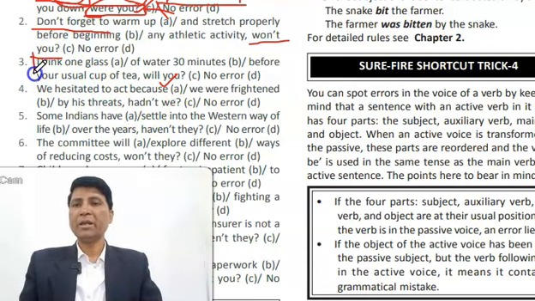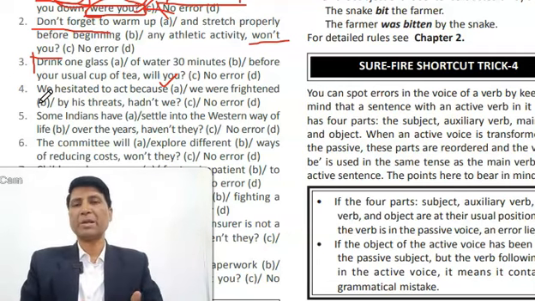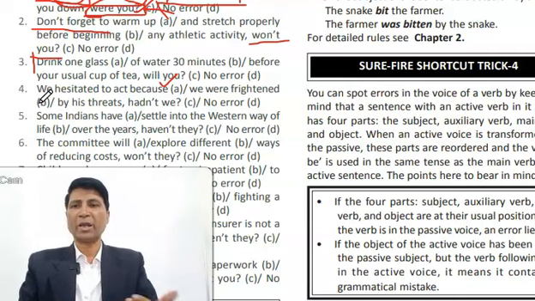The statement that you can see, drink 1 glass of water 30 minutes before your usual cup of tea, is an imperative sentence which is in the positive. And in my conceptual class, I have explained that if an imperative sentence is in the positive, the question tag can remain either in the positive or in the negative.